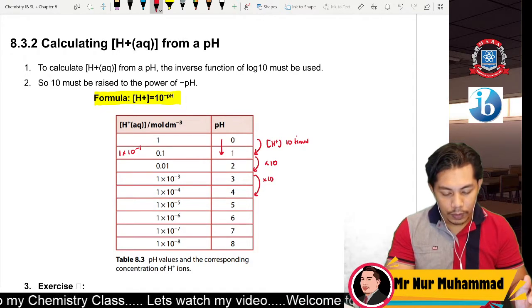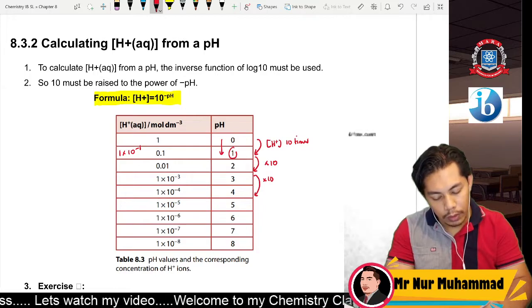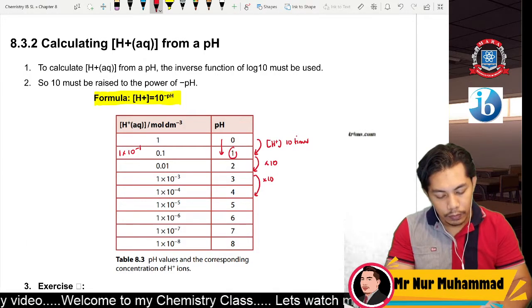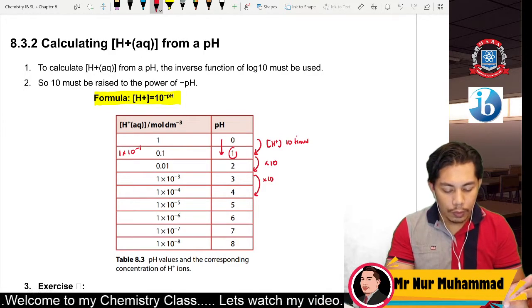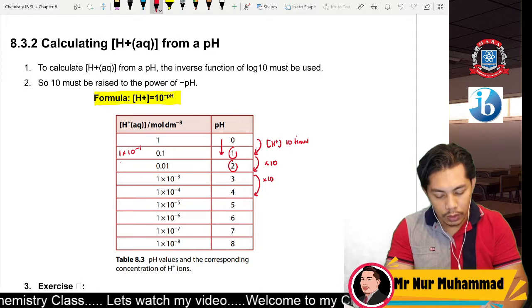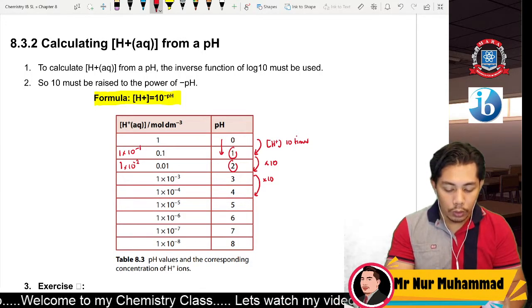If the pH value is 1, then 1 times 10 to the power of negative 1. Let's say the pH is 2. Using the formula, 1 times 10 to the power of negative 2, it is equal to 0.01.